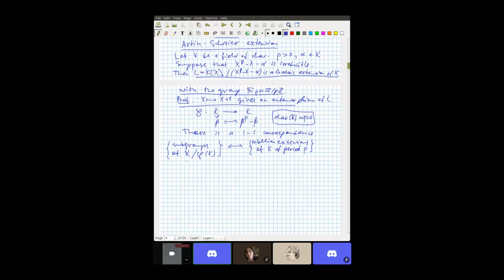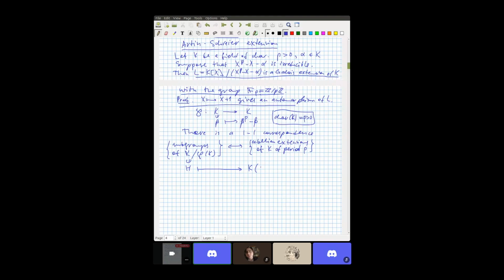And the correspondence looks as before. You just take a subgroup H and adjoin the preimage under ℘ of all elements.